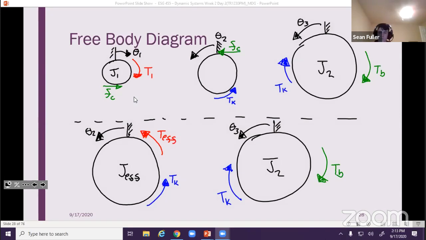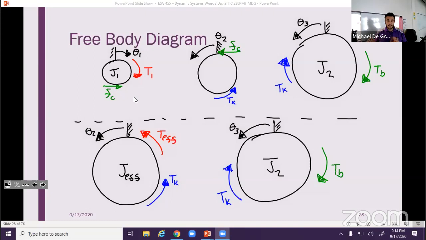All right, so these are our free body diagrams. And I'm going to solve this using the bottom half. Again, I will provide you with a video of how to do it the longer way. Either of these ways is completely acceptable. I want that to be very clear.